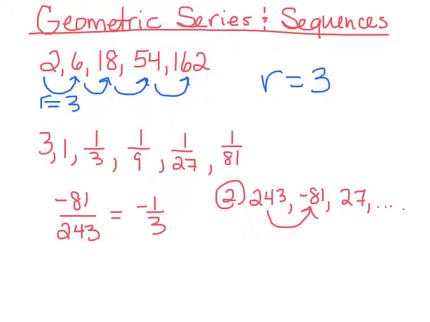So your R here would be negative 1/3. Then each number after, let's say 27, for example, you're going to multiply by negative 1/3. You would end up getting negative 9, and then you would multiply that one by negative 1/3, and so on and so on. And that's how you would handle that one.